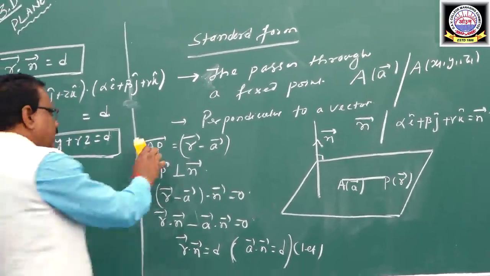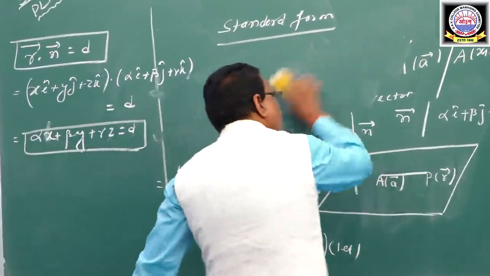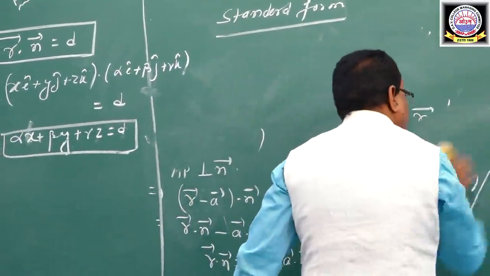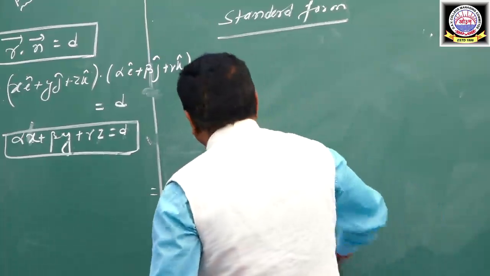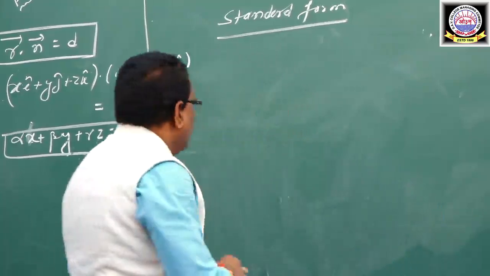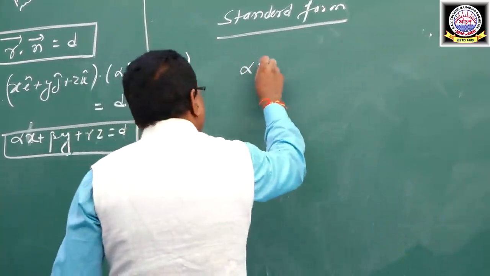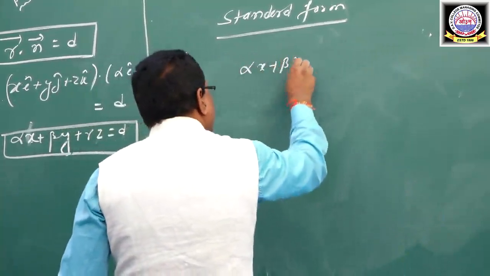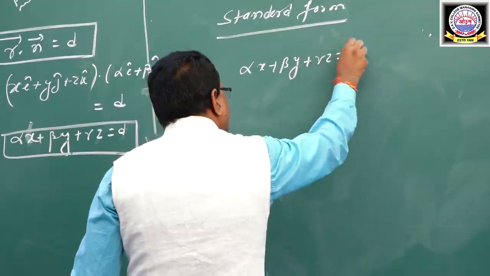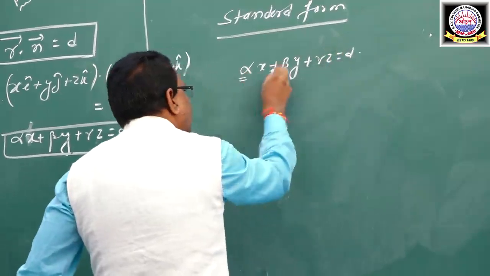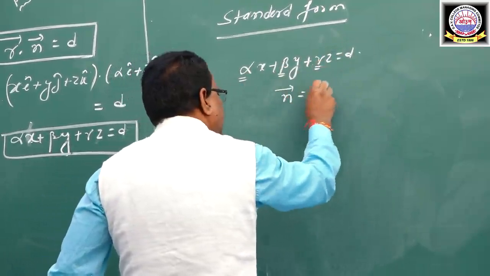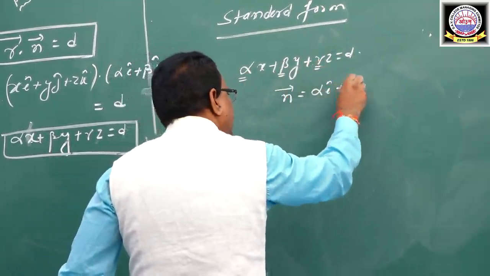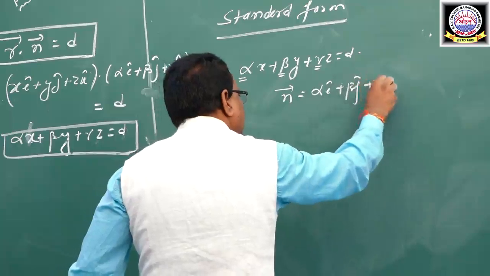Okay, so let us think, you already know the equation of the plane: something x, something y, something z. So if you analyze here, alpha x plus beta y plus gamma z is equal to d. So what is alpha beta gamma? Now alpha beta gamma is n vector, that is alpha i plus beta j plus gamma k.